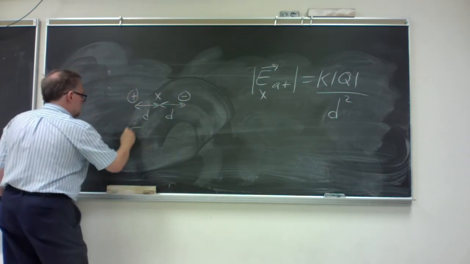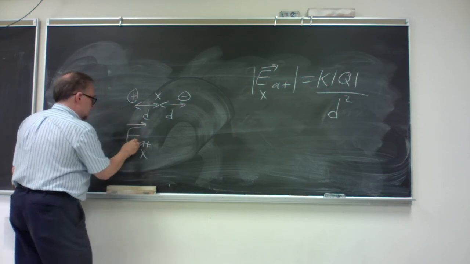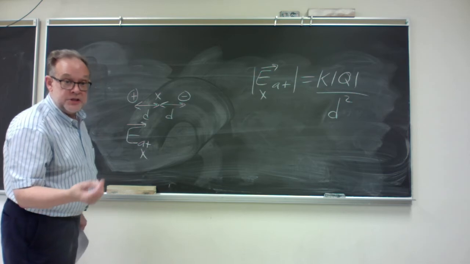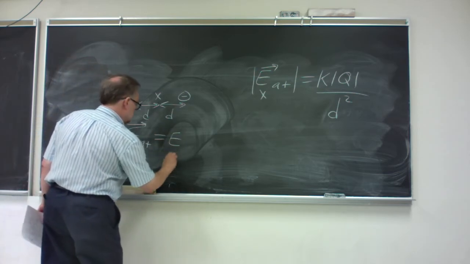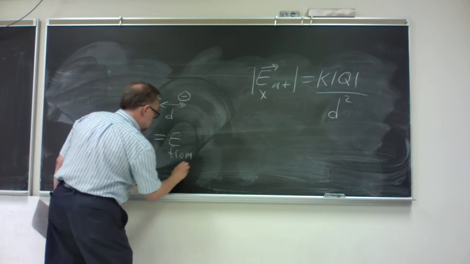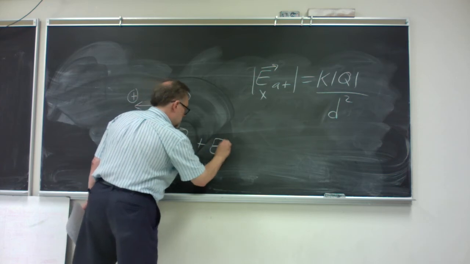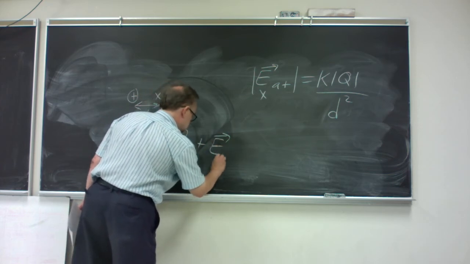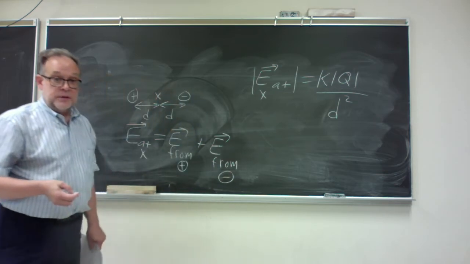So then the field at X is a net field. It's the sum of the field from the 1 unit of positive charge plus the field from the 1 unit of negative charge.